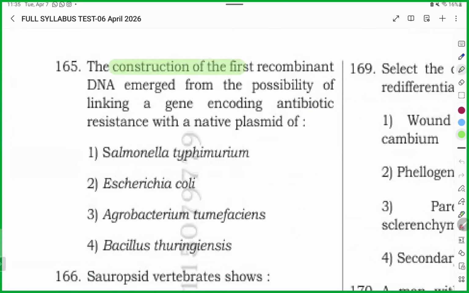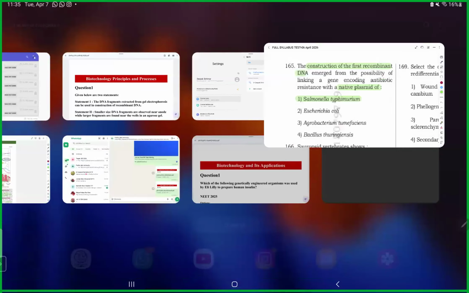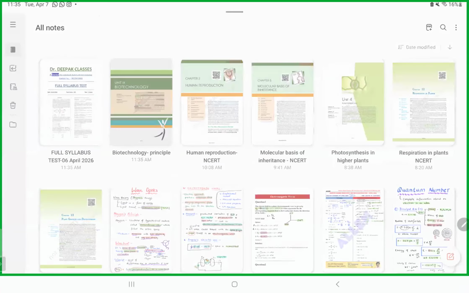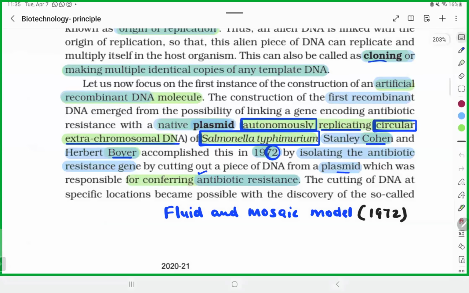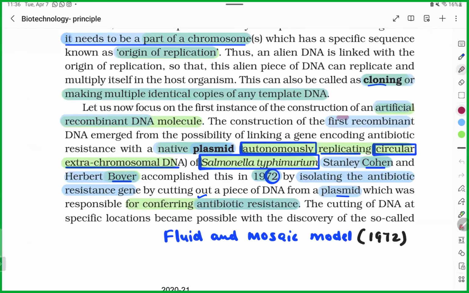Construction of the first recombinant DNA emerged from the possibility of linking a gene encoding antibiotic resistance with the native plasmid of Salmonella typhi. Same topic, right? And the same thing was given here.